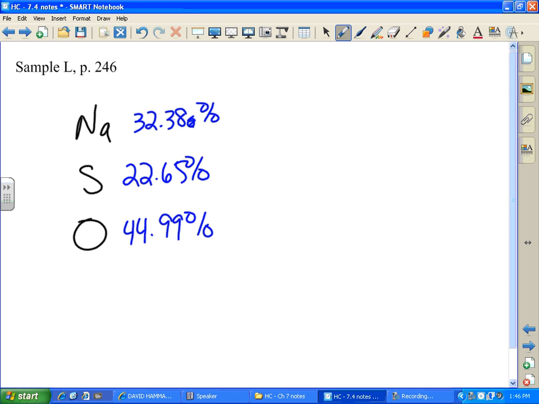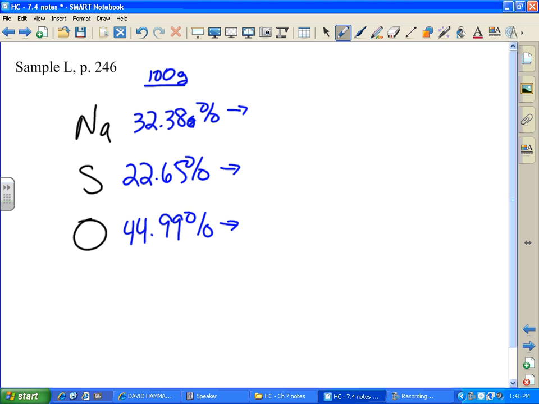And as you can see, what we talked about in our steps before, we're going to just make the assumption that we have 100 grams. Therefore, we can change these percents to grams, and then change them into moles, and moles into mole ratios.